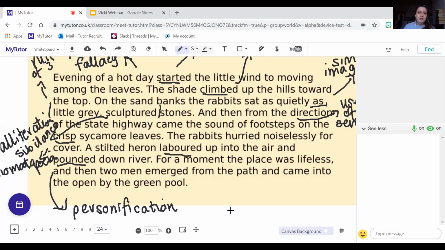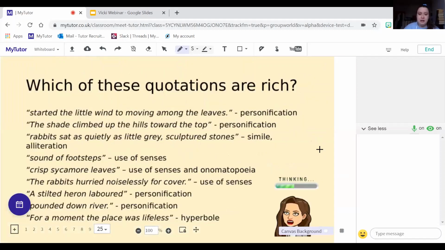So after language devices and features, then once we've picked them out, we need to choose which ones we're going to talk about. So we need to think which quotations are rich here, which can we get the most out of. So we've got loads of personification, we've got simile, alliteration, use of senses and onomatopoeia.